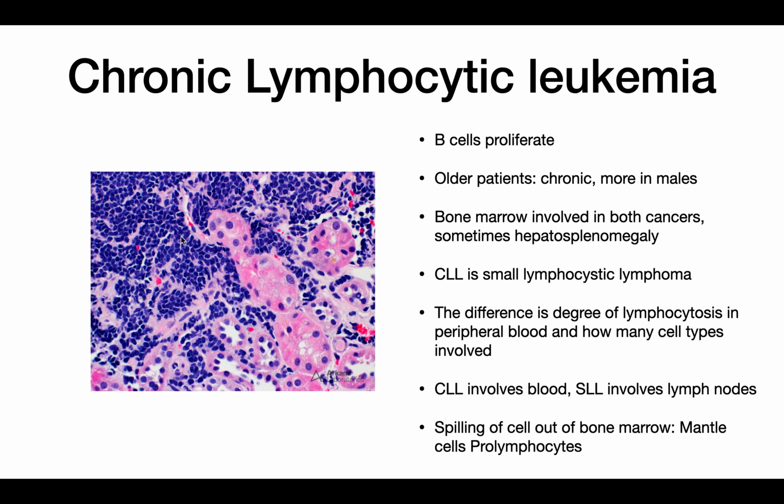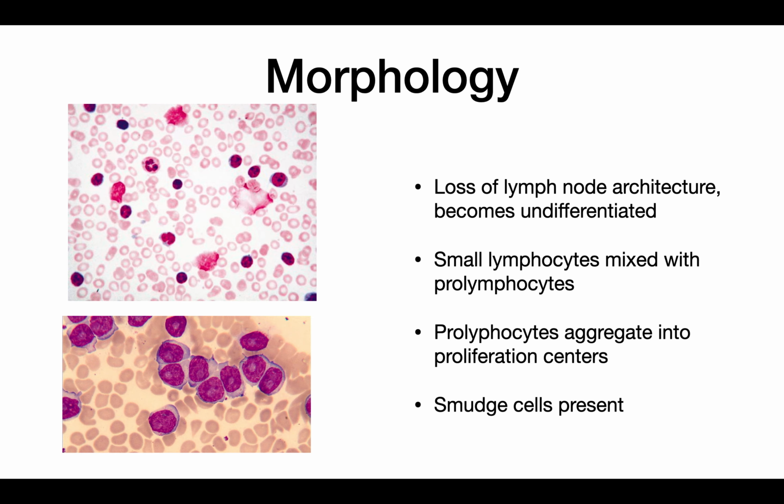And as you can see here are your little smudge cells, and here they are in the very pink color. And when we biopsy the lymph node, there's going to be undifferentiated lymph nodes, and there are small lymphocytes mixed along with these prolymphocytes and these smudge cells.